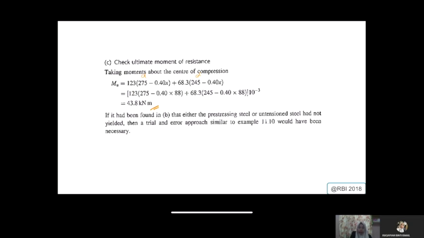Okay, so if it had been found that either the pre-stressing steel or the untensioned steel had not yielded, then a trial and error approach similar to example 11.10 would have been necessary.